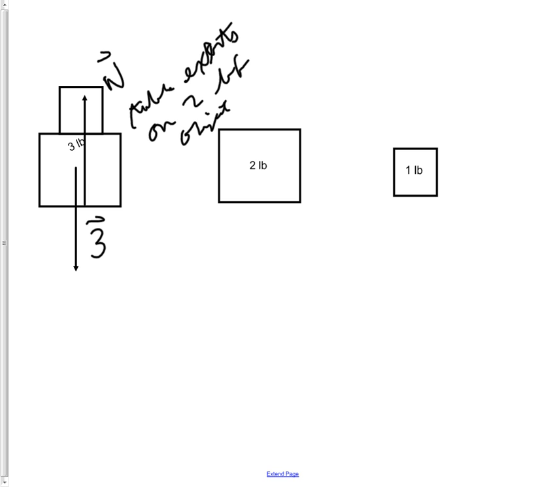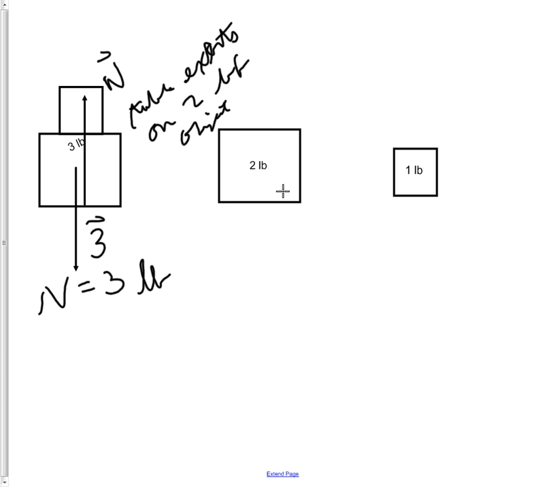A little messy, sorry. All right, and of course what we know is that the magnitude of n is equal to 3 pounds. Okay. That's just like the problems we did last time.